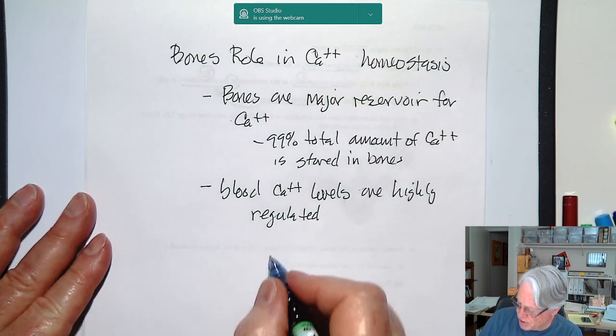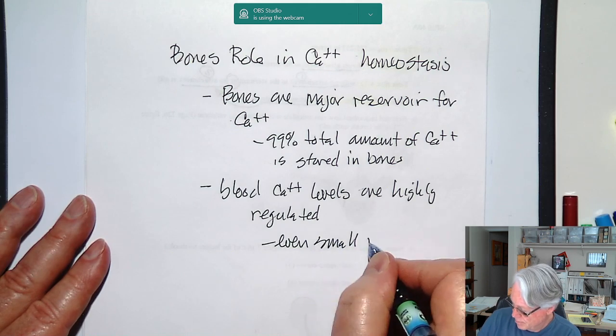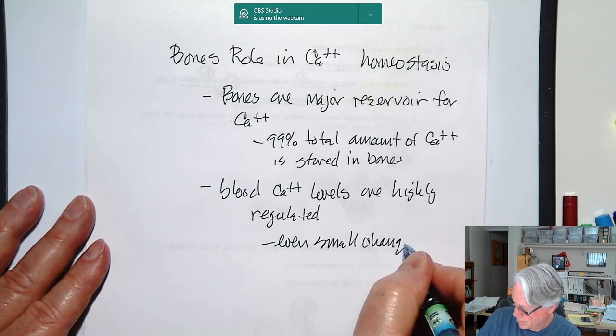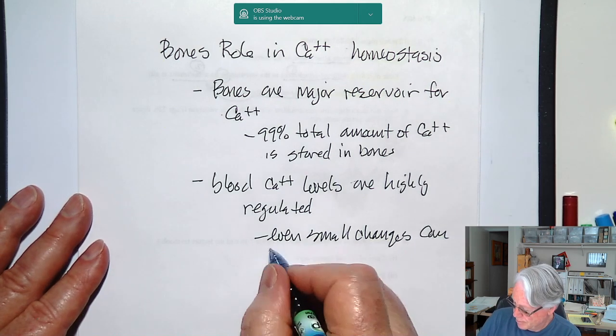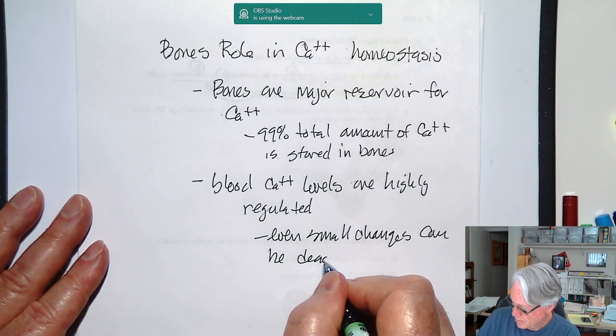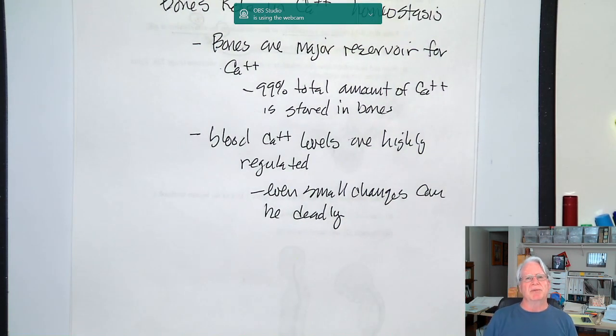And even small changes can be deadly. So obviously, then, the bones become a source of calcium in order to make sure that there's enough calcium floating and dissolved in the blood so that you don't get bad things happening.